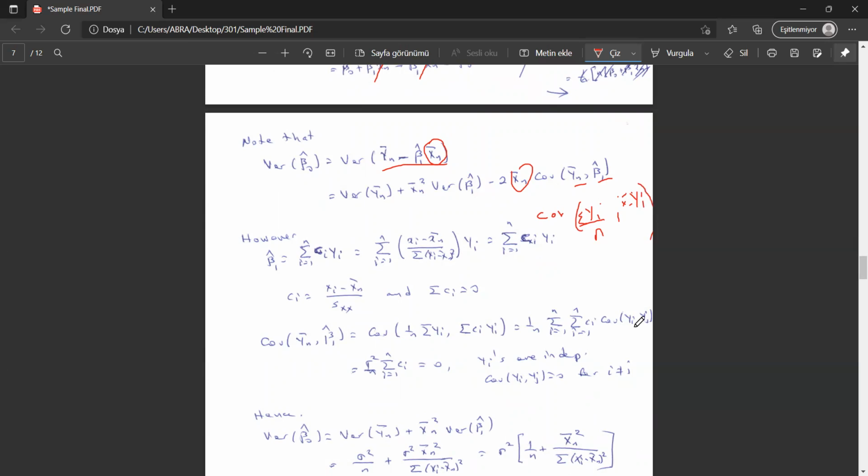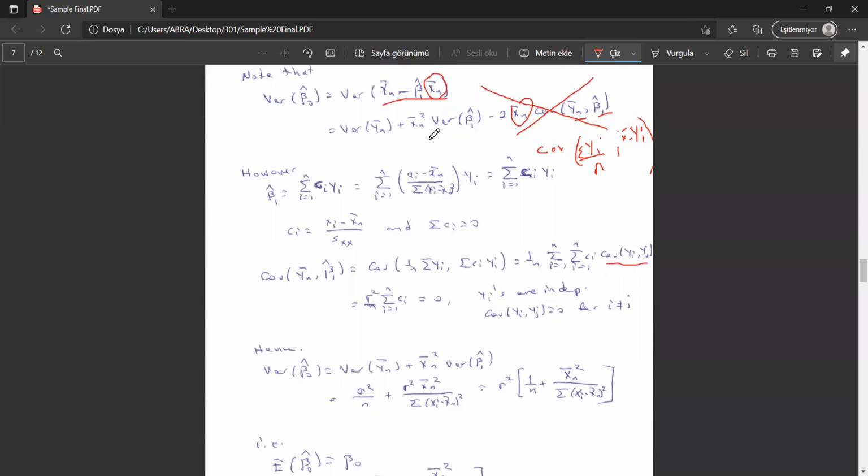And as you all know, the covariance between yi, yj is 0. There is no correlation between them. They are random. So here you can say that the covariance term will cancel, and you are left with variance of y bar plus x bar squared times variance of beta 1 hat. We have already found the variance of beta 1 hat.